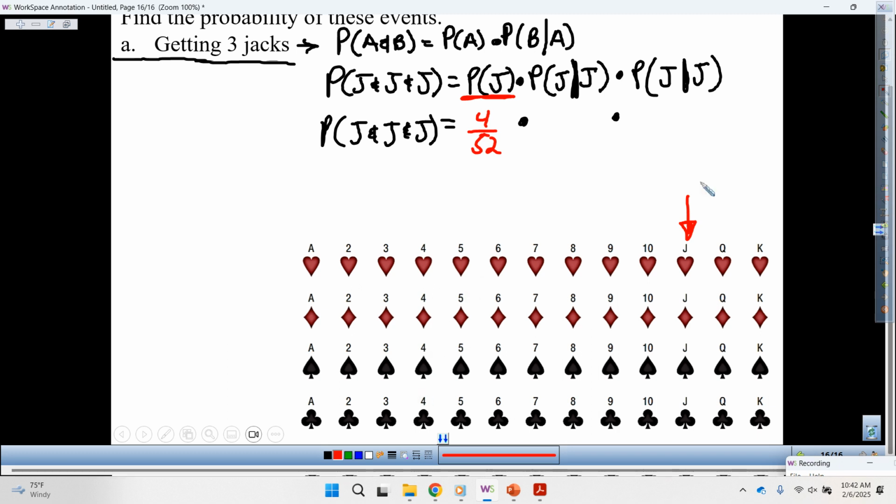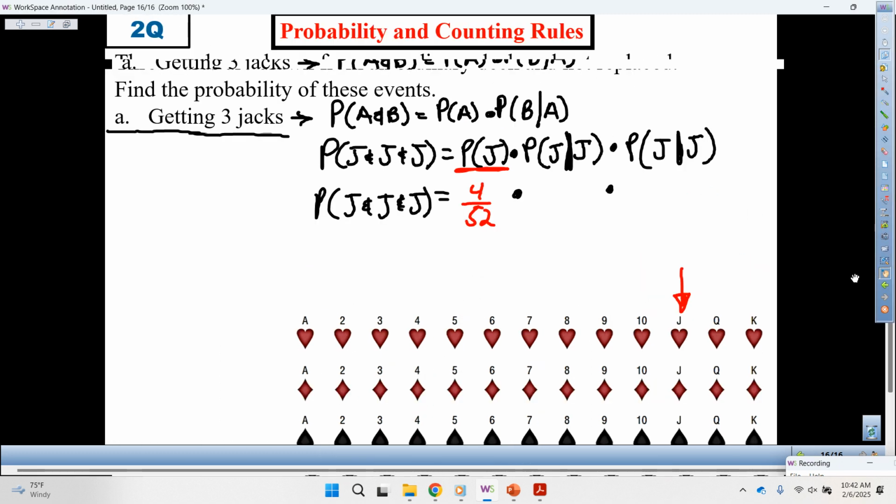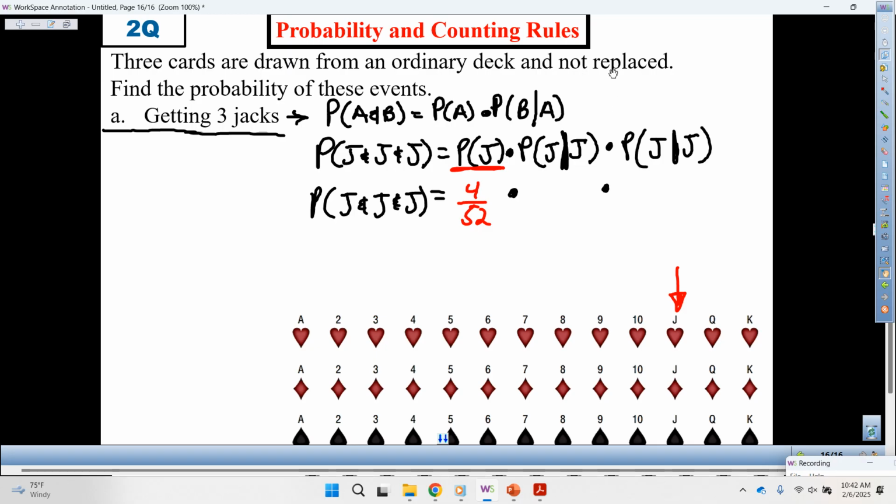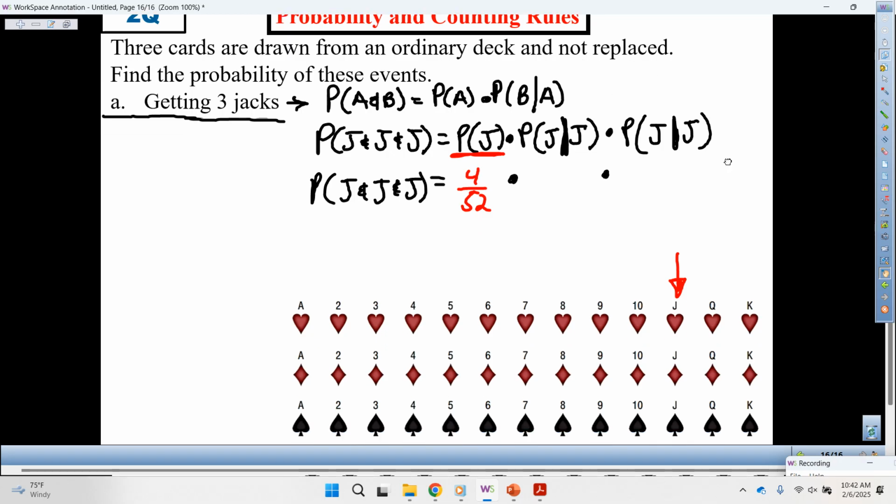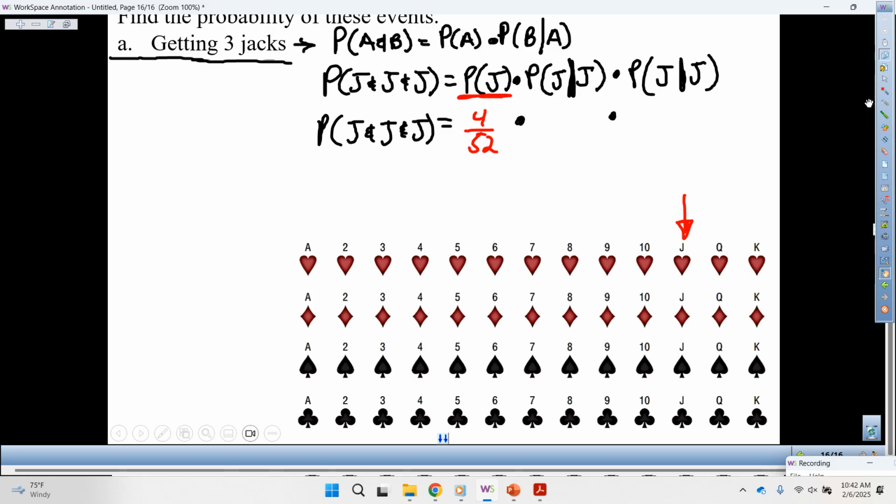However, what was the key word in this problem, guys? It said not replaced. So they took out that card. All right? So, guys, turn to your neighbor. Let them know what is the probability of selecting a second jack. Tell your neighbor, please. All right, pass it to someone.